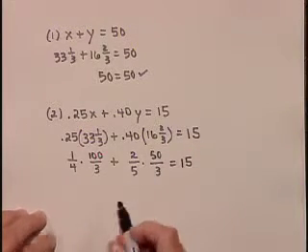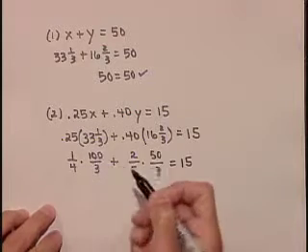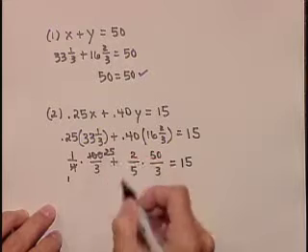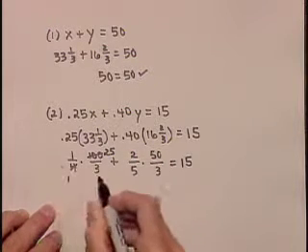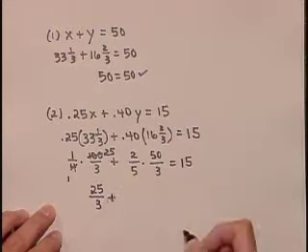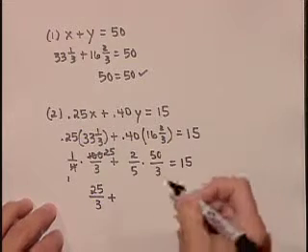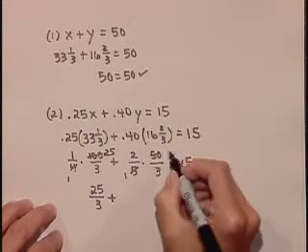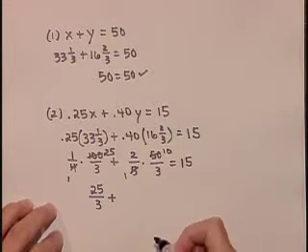Multiplying straight across, actually I think I'll reduce first. 4 goes into itself once, into 100, 25 times. So this first product is 25 thirds. Our second product, let's reduce there as well. 5 goes into itself once, into 50, 10 times.